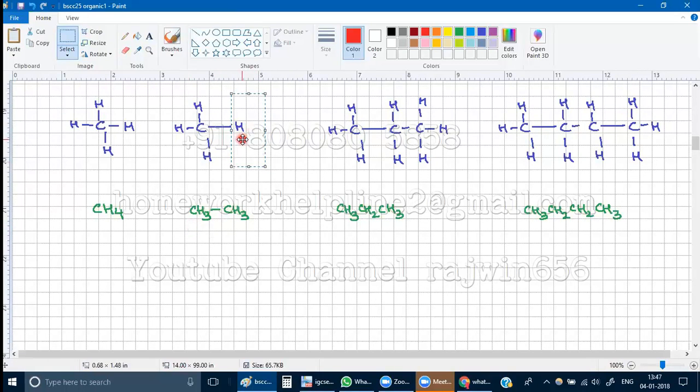It means on addition of this much part, I am getting the next hydrocarbon, or the next member of the alkane series. In the same way over here, C2H6 is there, another CH2 is added in between, and then another CH2 is added. So this is going to form a series of compounds which is known as a homologous series.